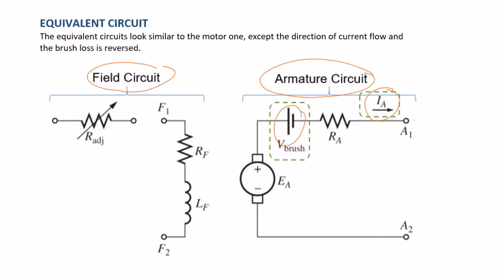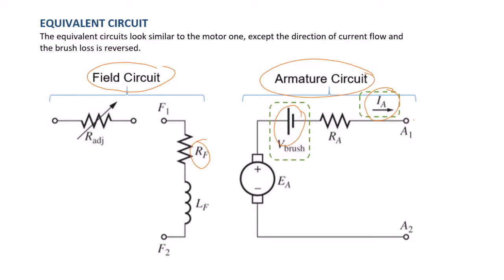Okay, and for the field circuit, again, we have two resistances here: RF, which is the field resistance, and an adjustable R, because in some generators we use it to control the field current, and therefore we can adjust the magnetic field, and in turn this will control the output voltage of the generator.